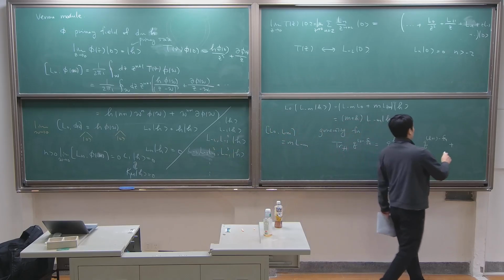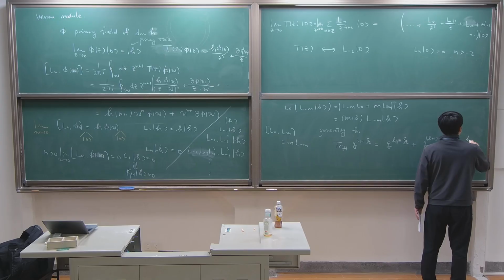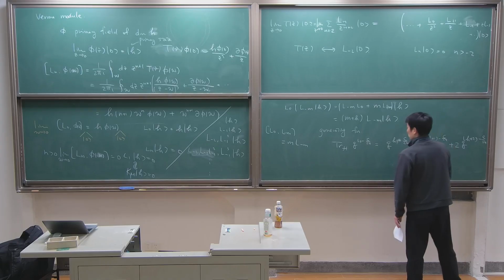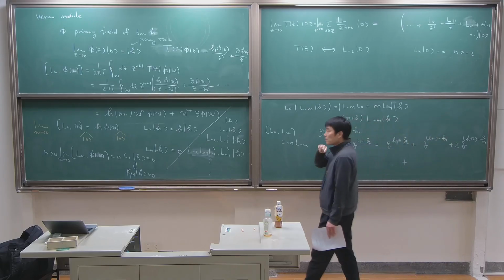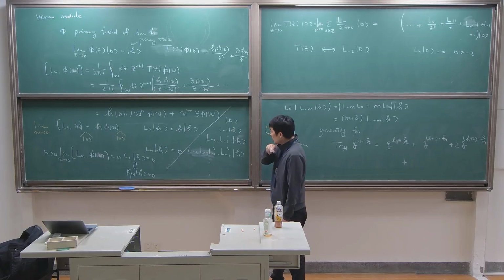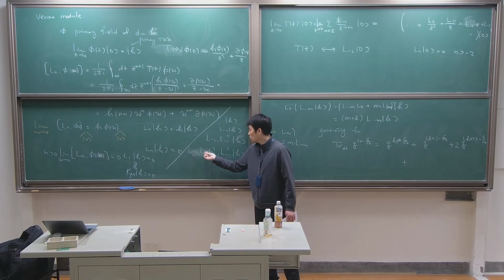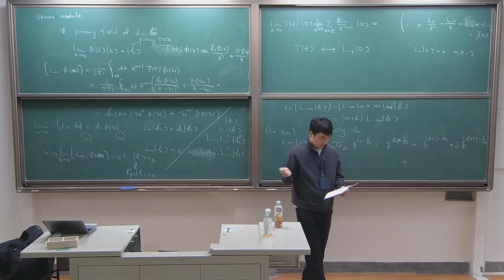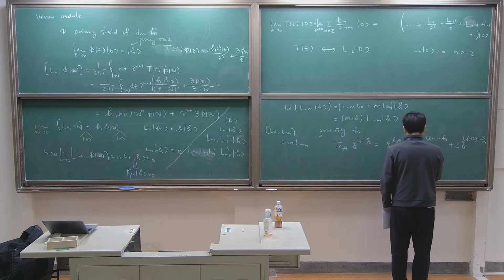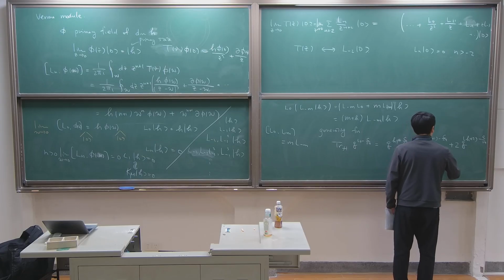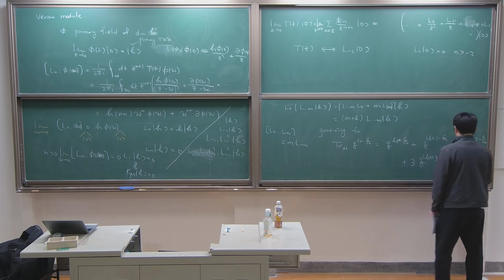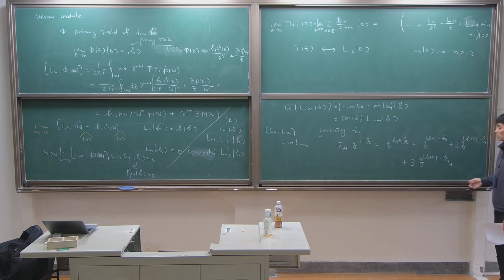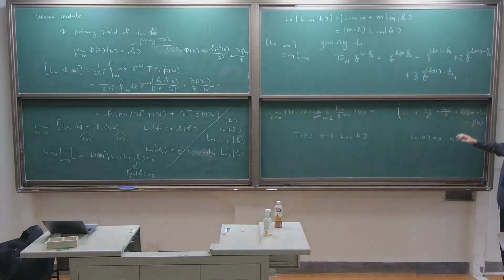Therefore, you have a 2, q to the h plus 2 minus c over 24. Then the next is what? You have 1, 2, 3 at level 3, so h plus 3 minus c over 24, plus the total. That's how you count the states.